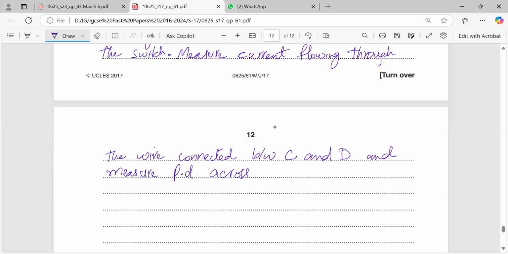See, current is through the wire, but potential difference is across the wire.